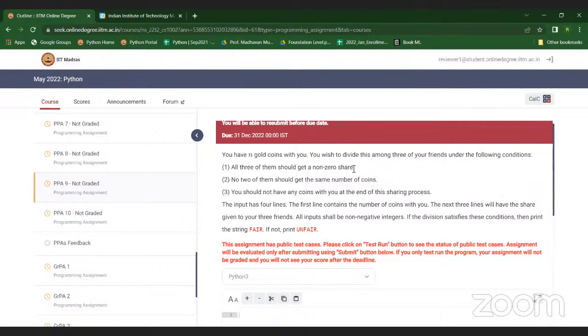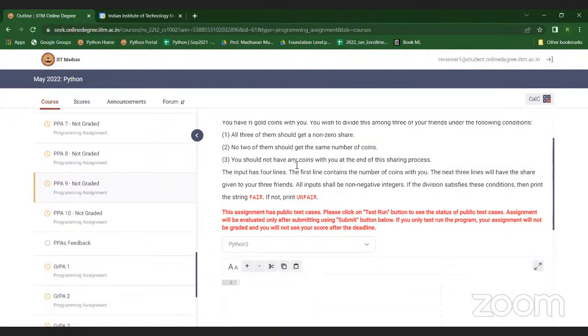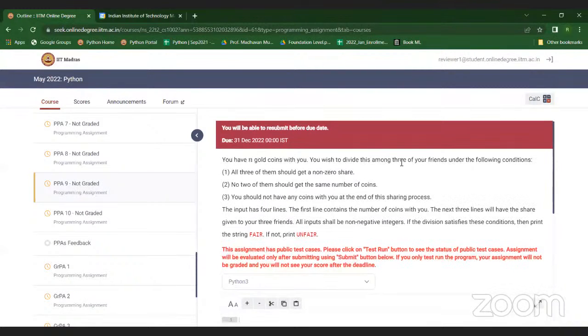So basically, no one should be having 0 coins, more than 0 coins they should be having. And no 2 of them should be having same number of coins. So let's say friend 1, friend 2, friend 3. The number of coins of friend 1 should not be equal to that of friend 2. Similarly, friend 2 should not be equal to friend 3, and friend 3 should not be equal to friend 1. And the last condition is you should not have any coins with you at the end of this process. So basically, I should give all of my coins to my friends.